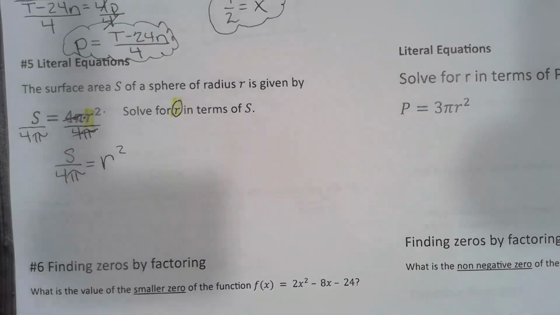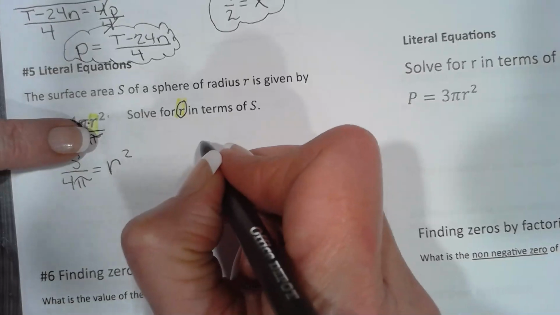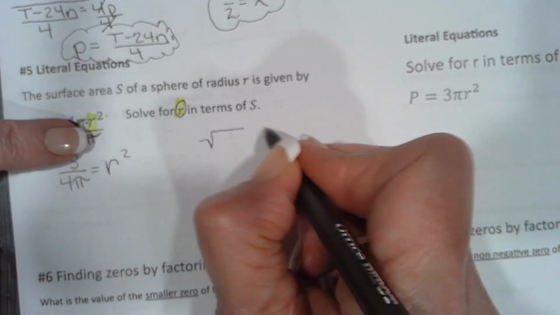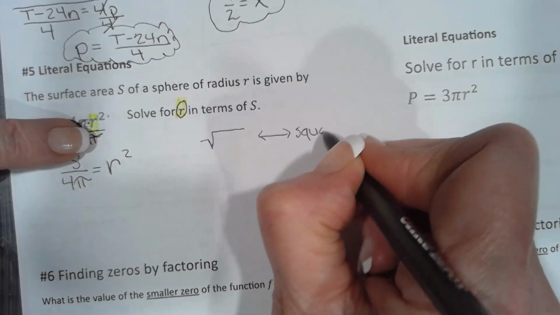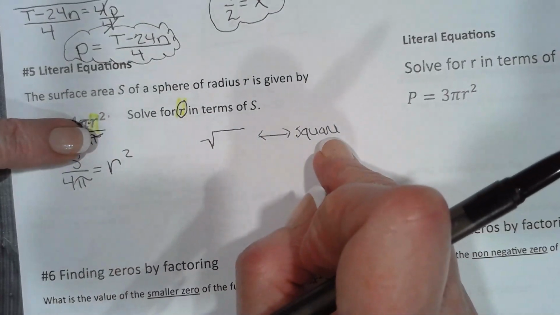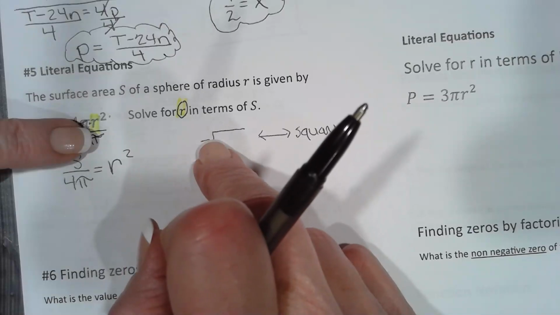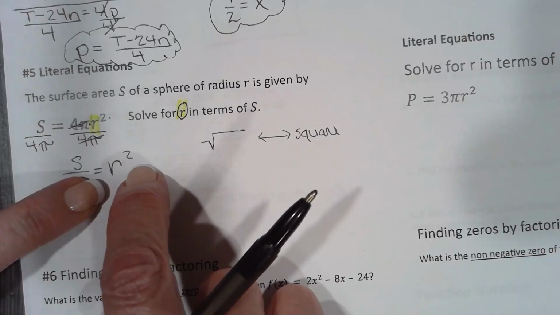Okay, so basically what we need to know is that a square root and a square are inverses of each other. The way you undo a square root is you square something. The way you undo a square is to take the square root. So I have not completely solved for r because I got that square on there.